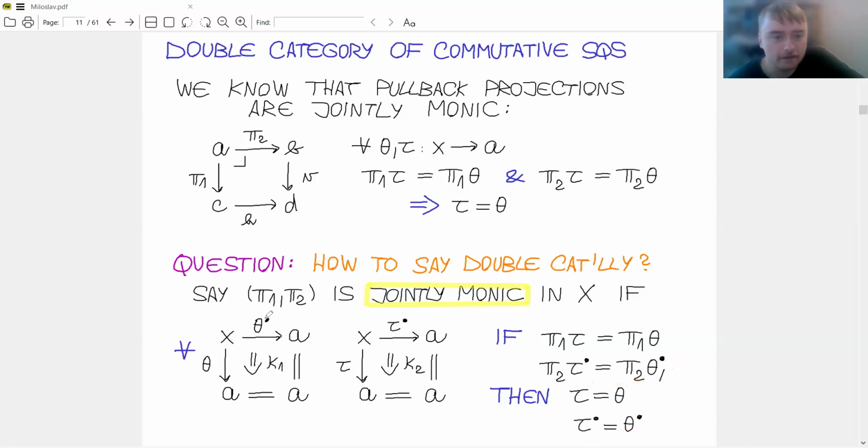Again, let me reemphasize that these two are a different breed in a general double category. In a double category of commutative squares, this will be equal. So this is how I capture joint monicity.